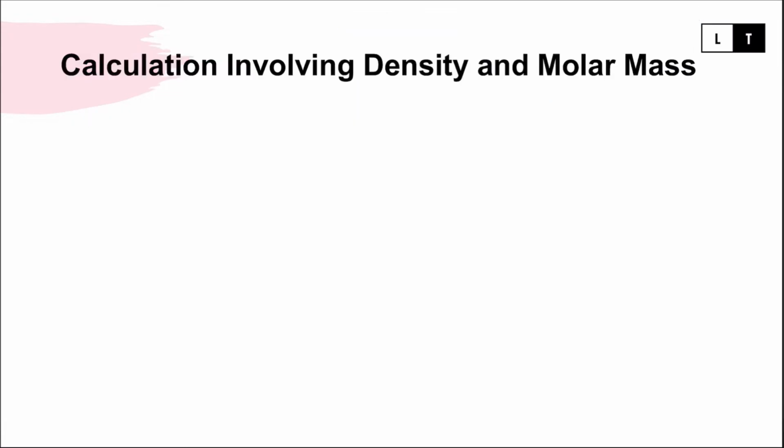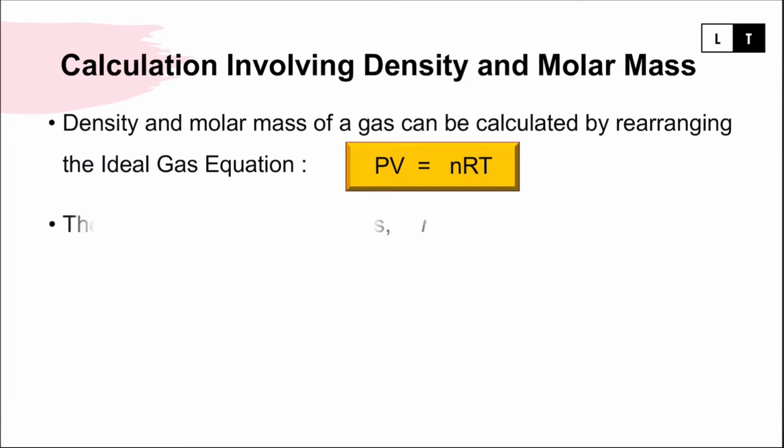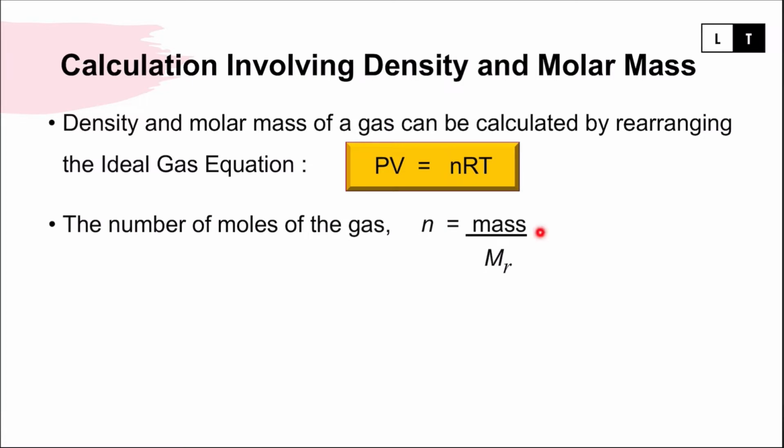Now, as I mentioned in the previous slide, kita boleh gunakan equation ideal gas law untuk calculate density dan juga molar mass. So macam mana kita nak calculate? We have to rearrange the formula, which is this one, PV equals nRT, di mana number of mole kita boleh derive daripada formula mass over molar mass. So MR ni adalah molar mass.